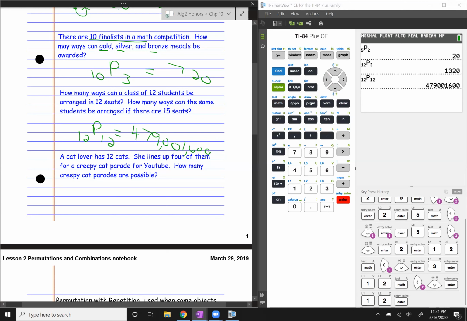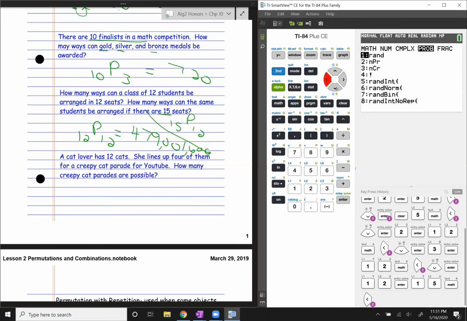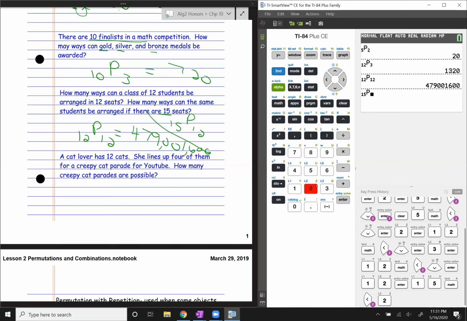Now, what's going to happen when we get 3 additional seats? So now I have 15 seats, but I'm going to seat 12 students. So 15, math, and move to probability, permutation, and this time we're going to seat those same 12 students.